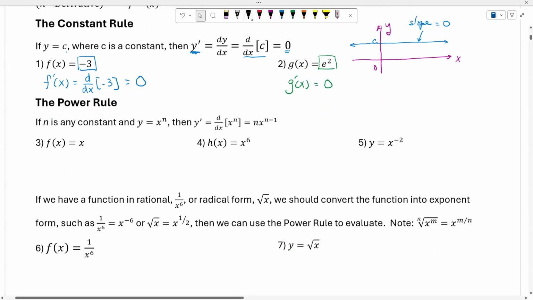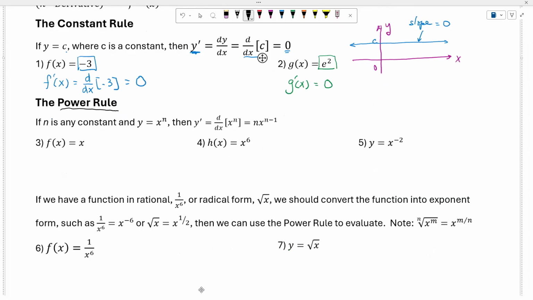Then the next rule that we are going to learn is the power rule. In this case, if n is any constant, what does this mean? It means that n could be a positive or negative number, even 0, as long as it is a constant. And y equals x to the power of n, meaning we have a power function.